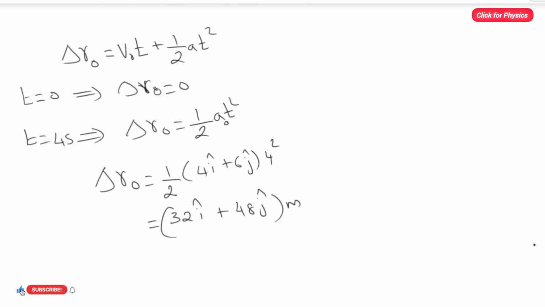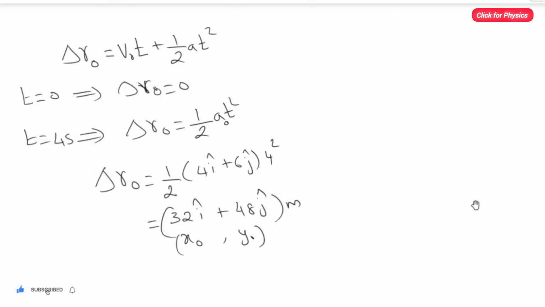That means this value is nothing but the x value of the olive, the location x naught comma y naught. So the x naught value is 32, y naught value is 48.